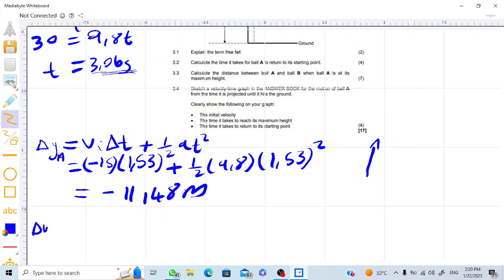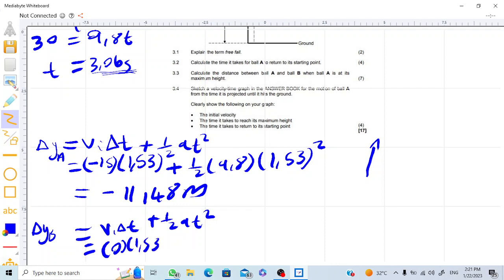Now delta YB, how far is ball B now? With the same time, VI delta T plus 1 over 2 AT squared. Okay, now initial velocity, it's 0 multiplied by time 1,53 plus 1 over 2 into 9,8 into, okay, close bracket, open, 1,53, close it again, squared.